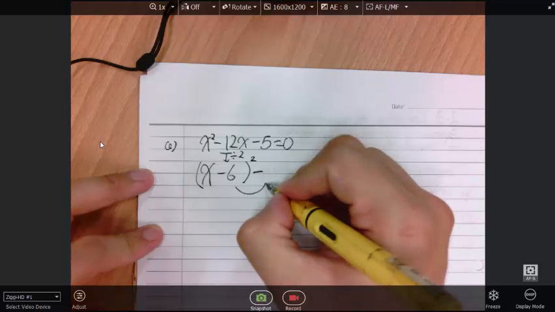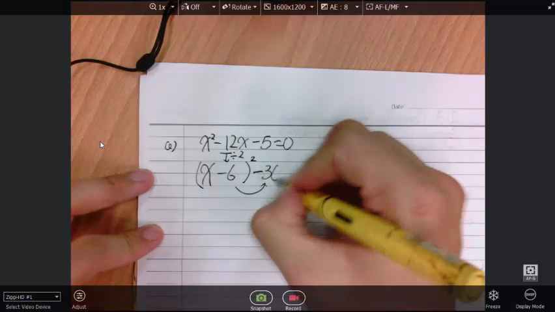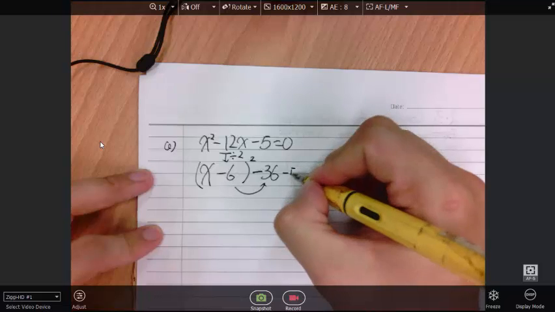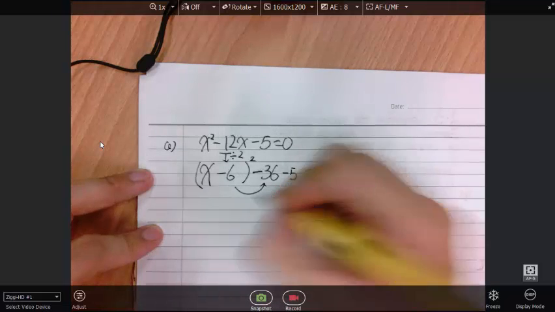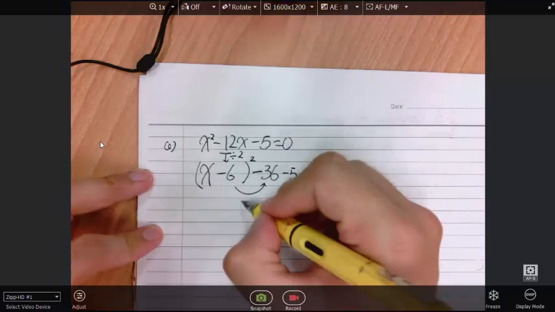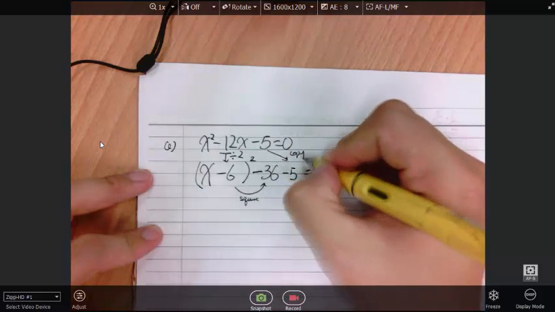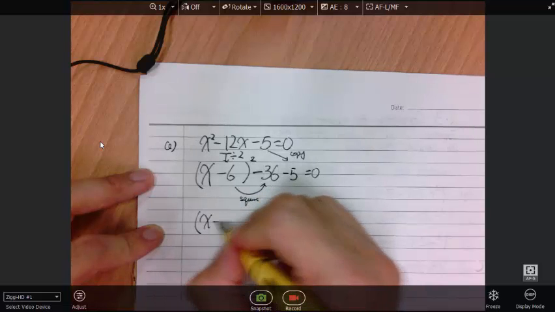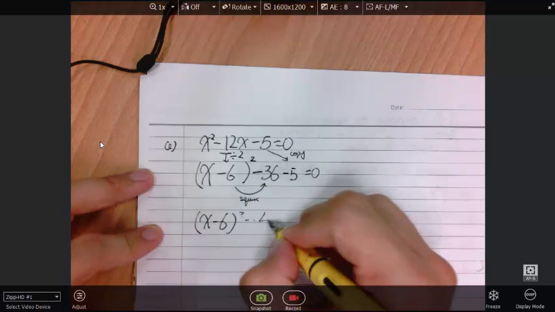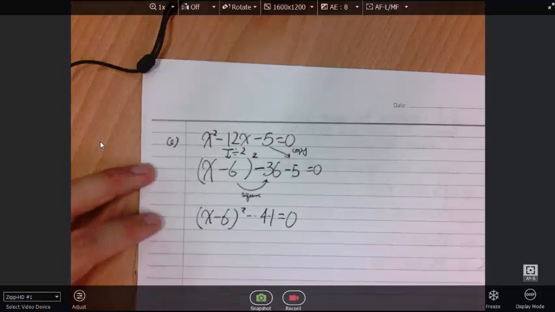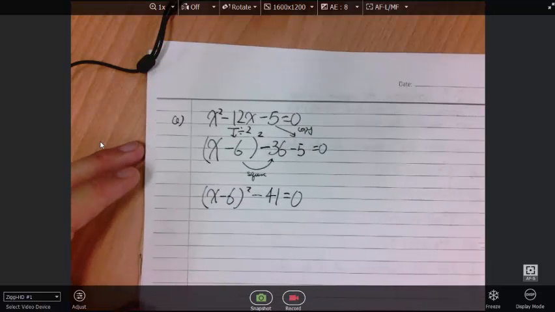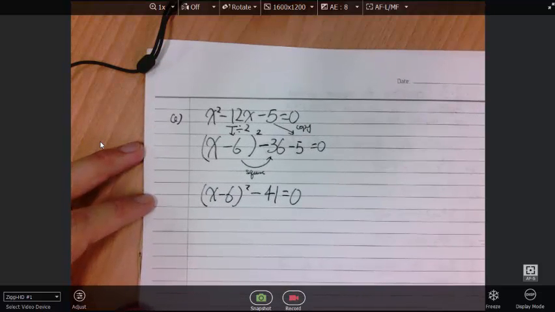We square this and we get 36. And we copy down the negative 5. Divide by 2, square, then copy. Then we simplify everything, we get x minus 6 square minus 41 is equals to 0. This is the completed square form for part C.